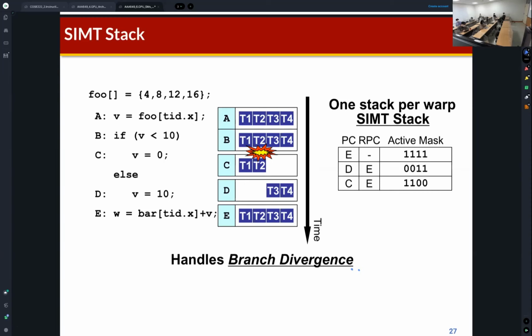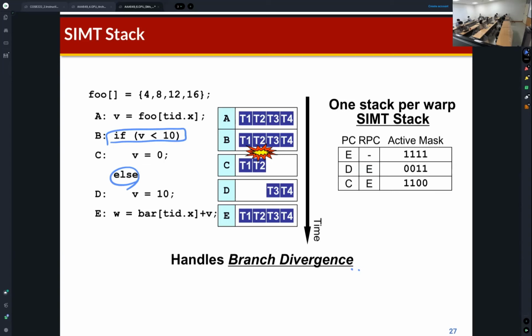Let us assume that the warp size is 4, which means that the warp executes 4 threads concurrently. As you can see, we can find the if else statement here.